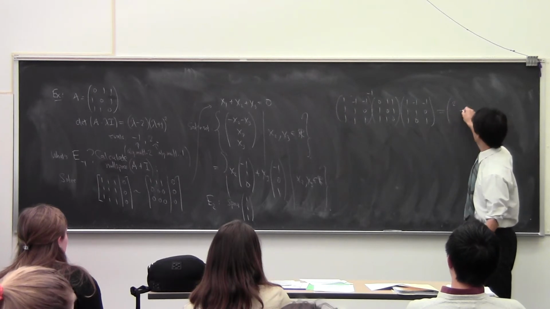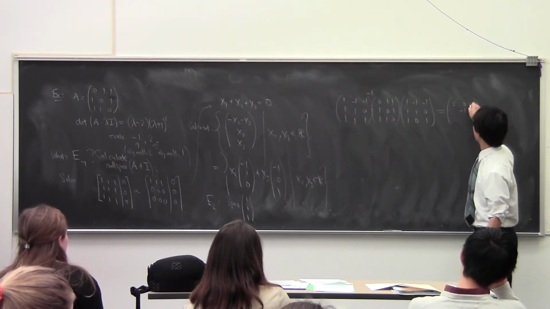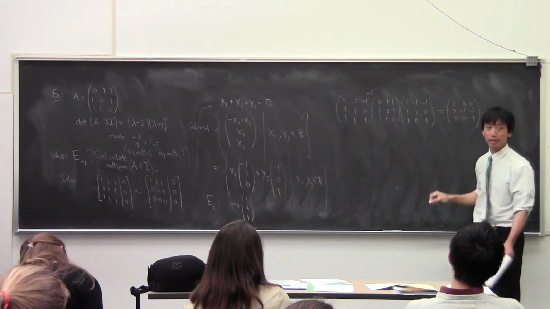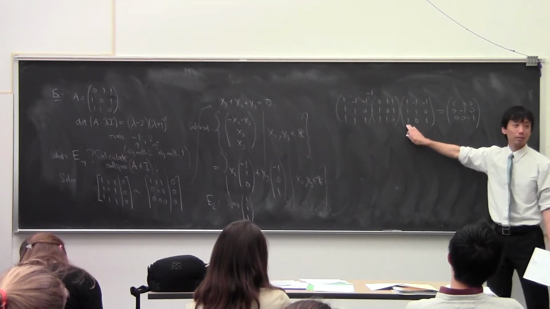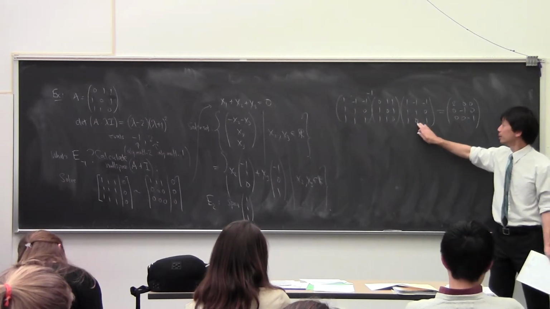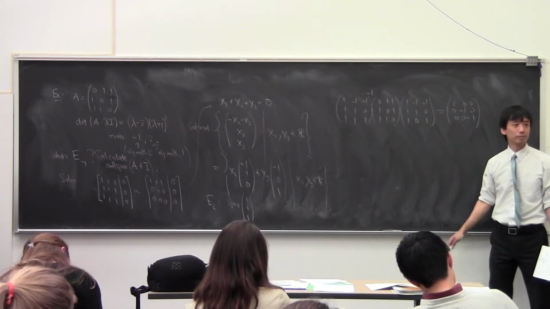It'll be 2, negative 1, negative 1. This guy gets scaled by 2, these other guys get scaled by negative 1.